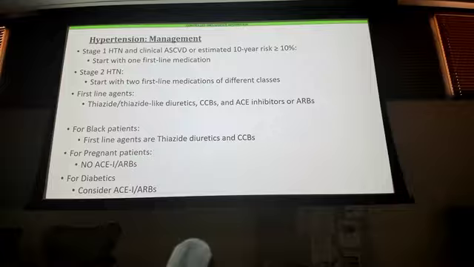Maybe we should be thinking more along calcium channel blockers or thiazide diuretics as a better option to control their blood pressure. For pregnant patients, we talked about no ACEs, no ARBs. For your diabetics, because of the renal protection that comes along with ACEs and ARBs, maybe that should be our agent of choice in a diabetic patient.